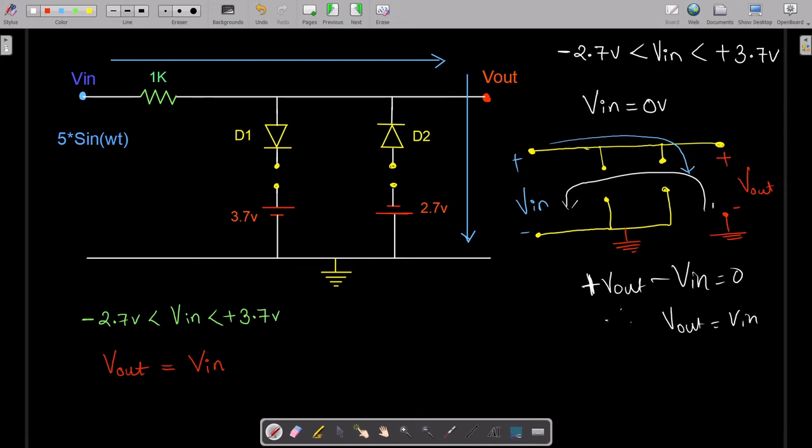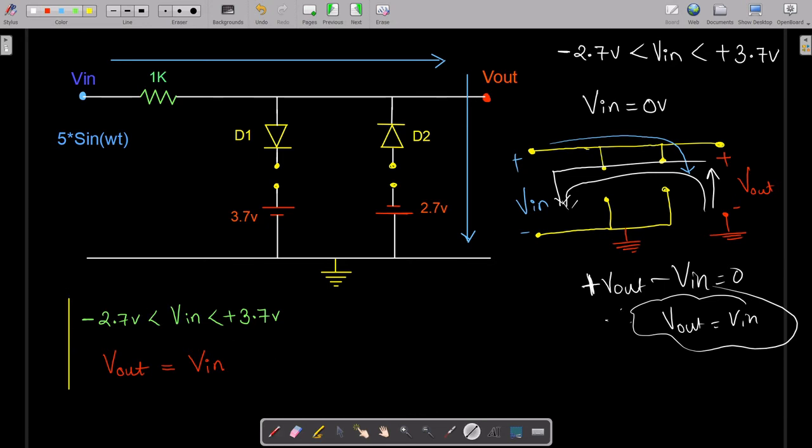So it would be plus V out, then going this way, minus V in. So plus V out minus V in equals 0, giving V out equals V in. Or straight away you can directly apply the logic of parallel. These both are connected in parallel, so again whatever input voltage we are giving is straight away getting reflected to the output side.